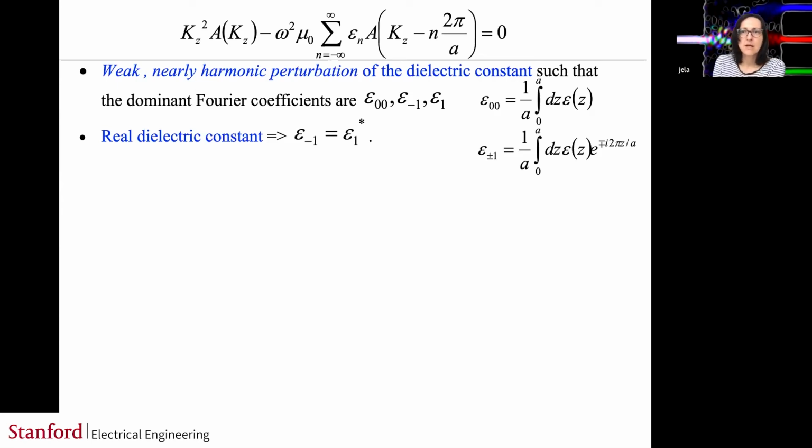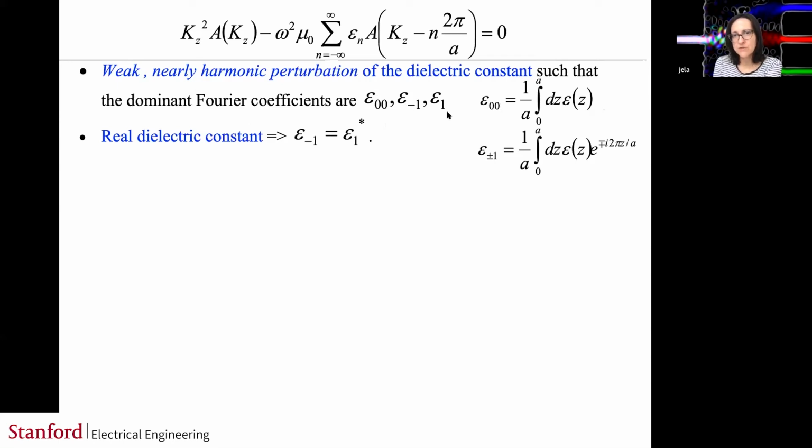Okay. So we will make some assumptions about the system. For example, we'll assume that we have a weak and nearly harmonic perturbation of the dielectric constant. So it's still a periodic dielectric constant, but we assume that the dominant Fourier coefficients in the expansion of epsilon are epsilon 0,0. So that's just the 0th order Fourier coefficient, calculated for n equal to 0, but I wrote epsilon 0,0 so you don't mix it up with the permittivity of vacuum.